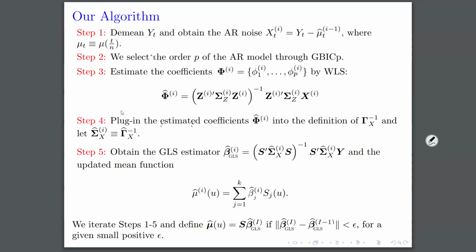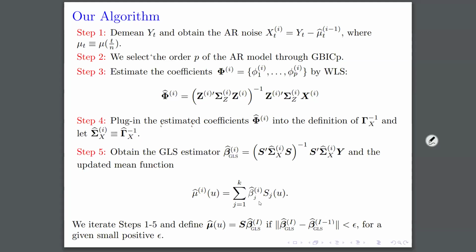Once we get the error coefficients, as well as the sigma t hat, we will plug into the definition of an inverse covariance matrix and get this precision matrix. And once we get the precision matrix, we will update our GLS estimator using this formula. And we'll keep doing it from step 1 to step 5 iteratively until we reach a threshold.